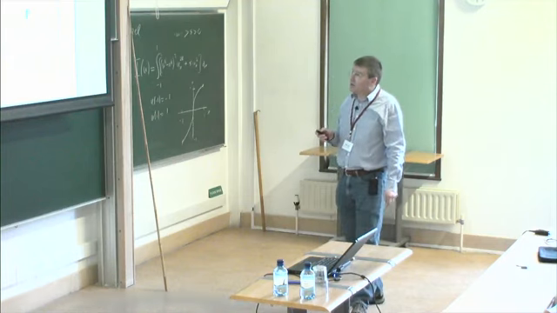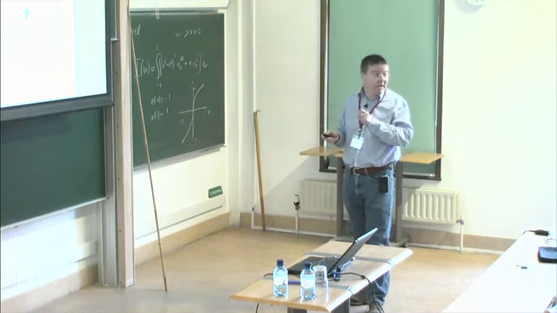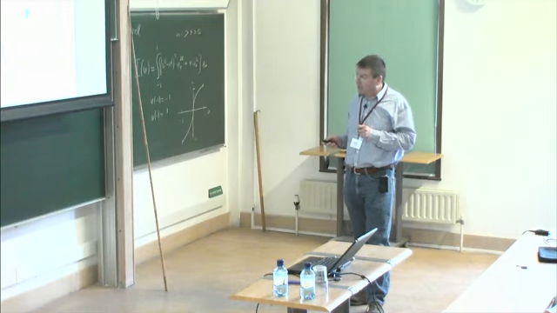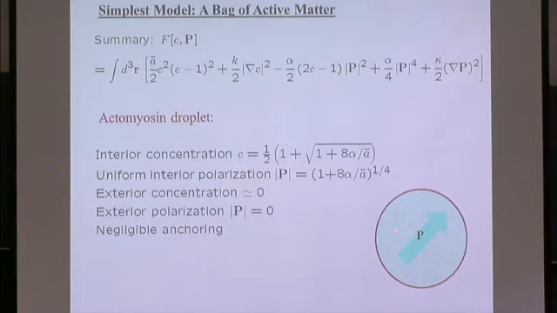You may have noticed, if you're eagle-eyed, that I haven't included any anchoring terms here, so that the polarization of the actomyosin in this bag doesn't care how it's oriented in relation to the surface. So this is an extremely simple thing, and there's all kinds of ways in which, especially on that last point, that I could improve it to have P pointing outwards at the surface or whatever. But for now, let's take that picture.